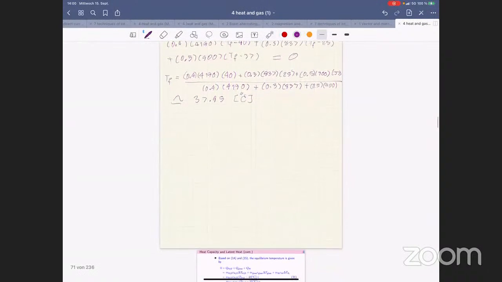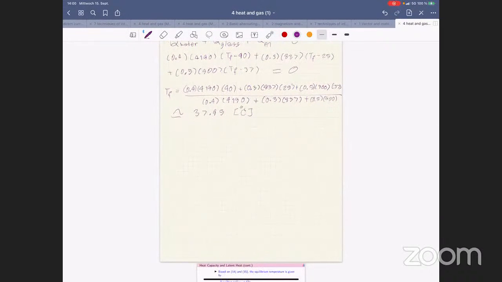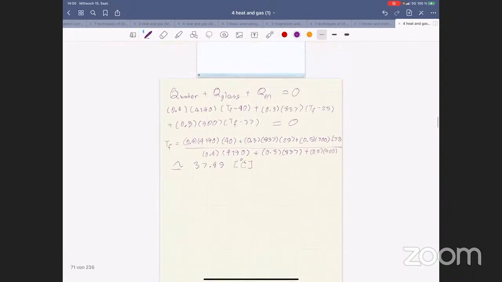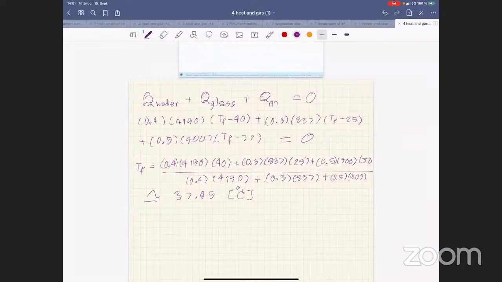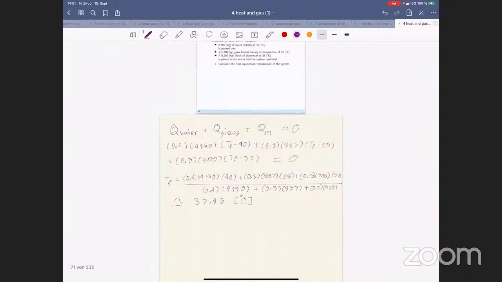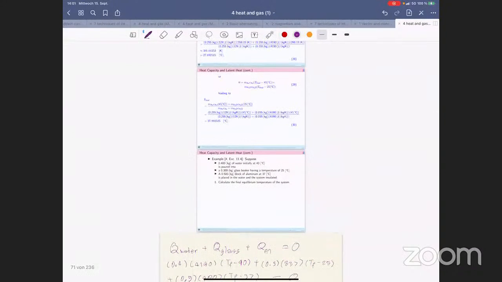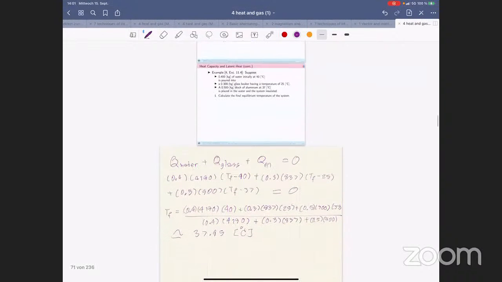The exam on Friday will have 3 questions: 2 on specific heat capacity and 1 on temperature unit conversion. Latent heat can't be covered in time, so we won't test it. If you have any questions, just let me know.